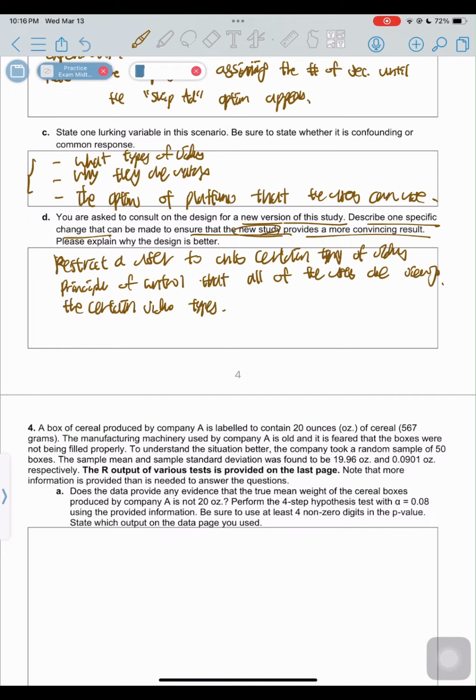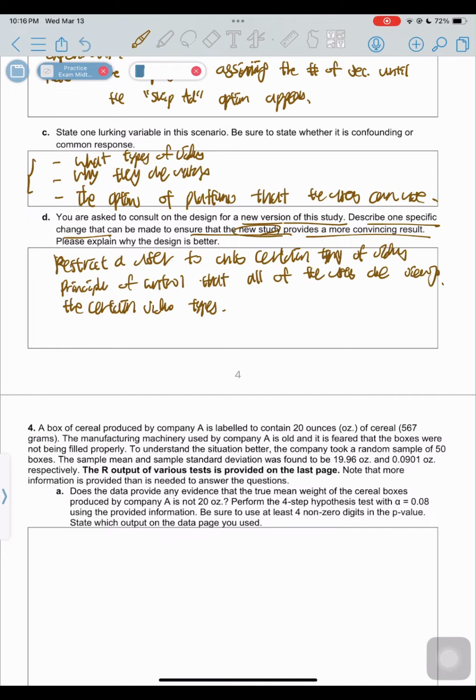Okay, cool. So when you're doing the four-step hypothesis test, the first step is to define the parameters, right? So let's do that. Let's do mu of x as the population mean weight of the cereal box. Or you can do the true mean. Yeah, you can just do that.